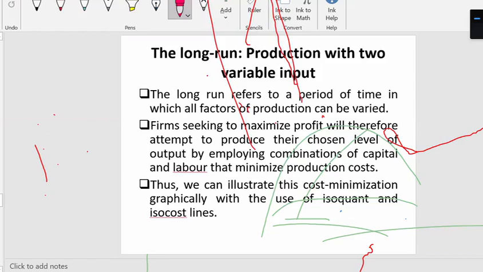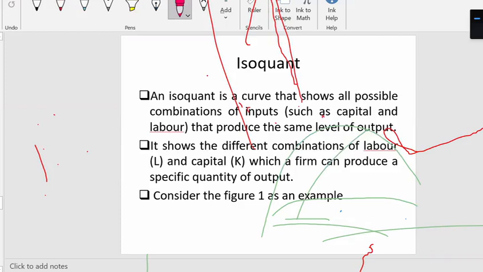Sasa normally when we talk about the long run, kuna vitu ambavyo we will discuss. There is the isoquant and there is the isocost line. Sasa hizi tuangalie kwanza, what does it mean before other things. Unaposema isoquant, this is a curve.